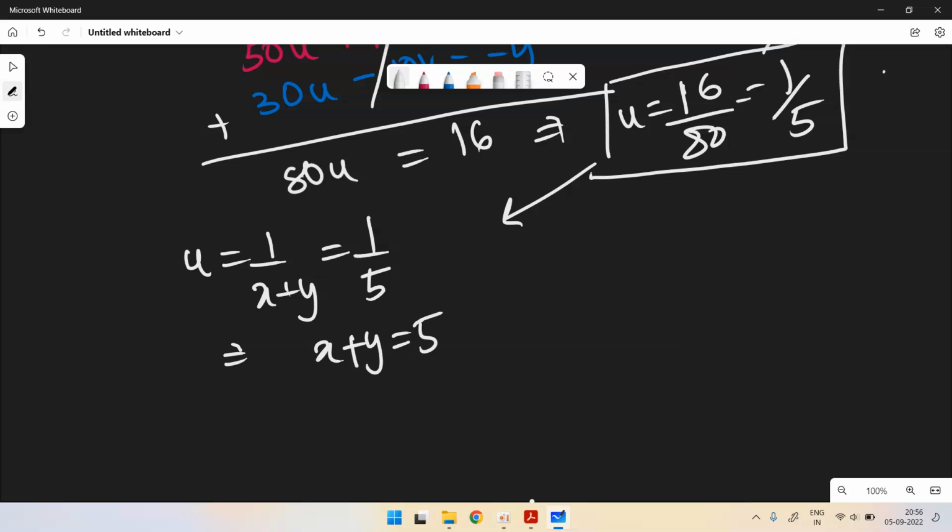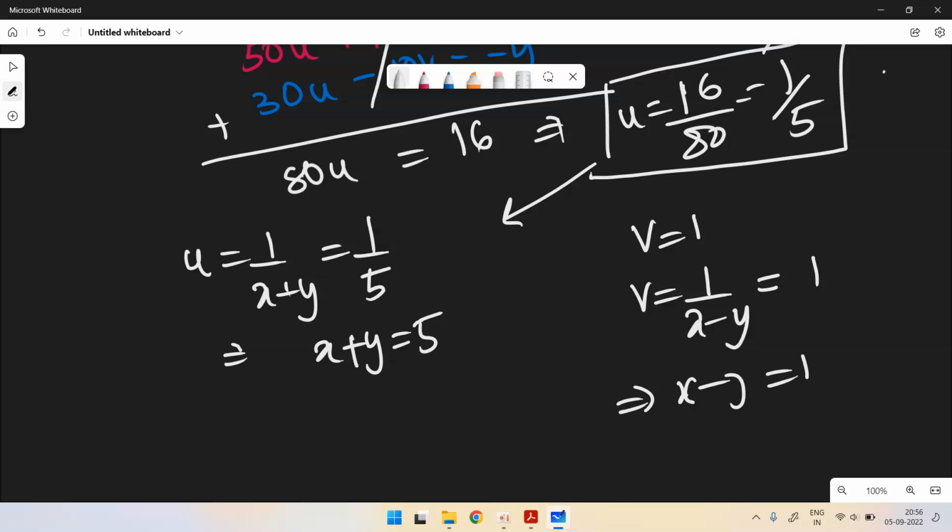And the value of v was 1, so I had taken v as 1 by x minus y, so x minus y equal to 1. I take this to be my third equation, and I will take this to be my fourth equation.